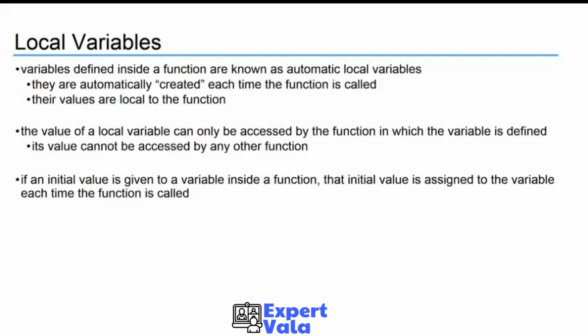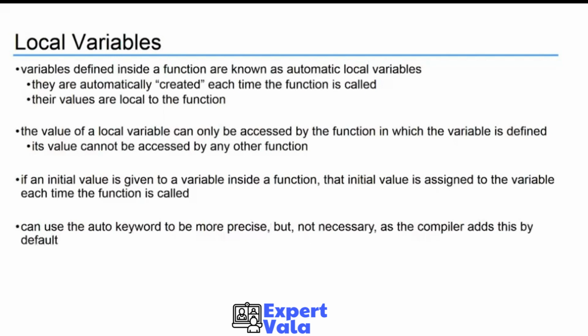Without that, regular local variables are going to have new values each time. You can use the auto keyword before the data type, but it's not necessary. It does make it a little bit more precise. The compiler is going to add it by default if you don't include it.